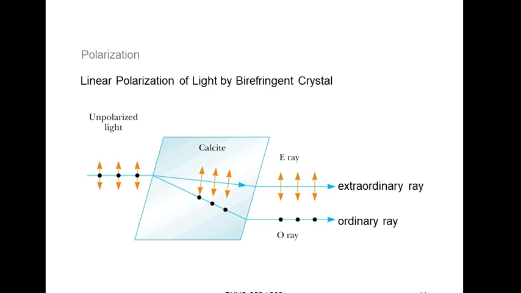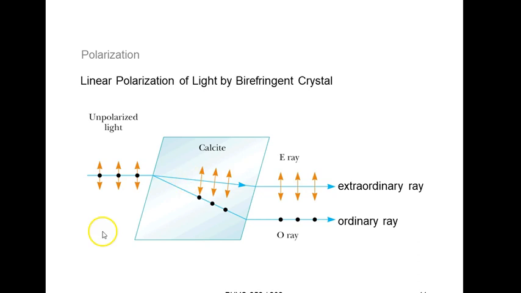So one of the neat things you can do with a birefringent crystal like calcite is you can send in unpolarized light, if it's sent in the right direction, and you can actually get two beams of light that come out of the crystal, and each beam has linearly polarized light, and the polarization axes of the two light beams are perpendicular to one another.